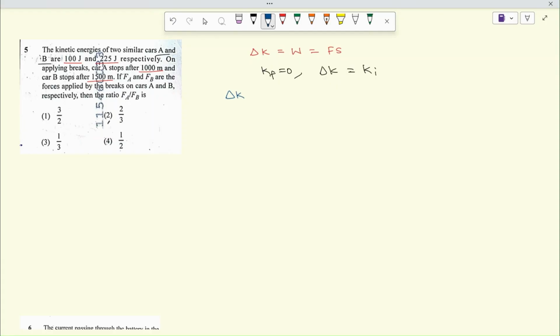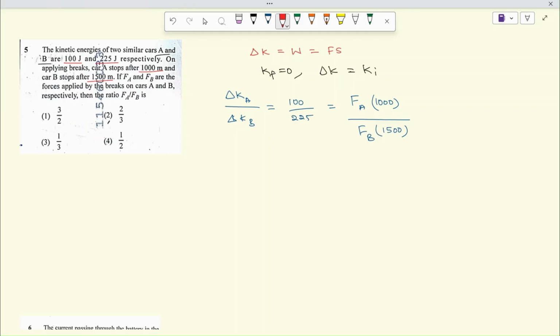Now, change in kinetic energy in A by that in B, that is 100 by 225 is equal to work done. FA into 1000 meters by FB into 1500 meters.